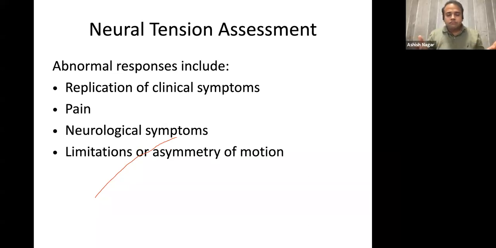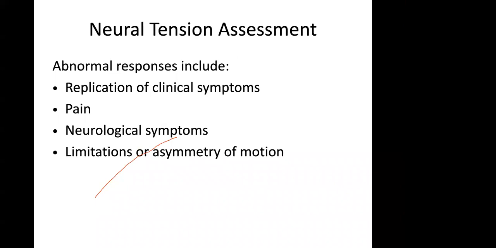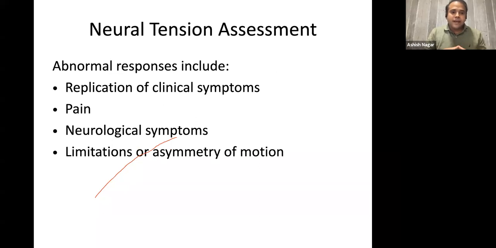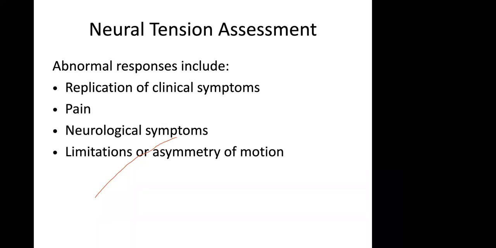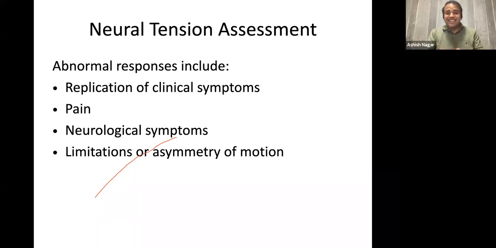So what do you assess by creating neural tension? When neural tension is increased, it's going to reproduce the clinical symptoms. The clinical symptoms could be pain, paresthesia, tingling. So you're actually trying to increase those symptoms, and you have to be very careful when you do these tests.